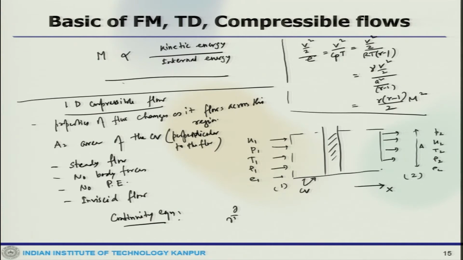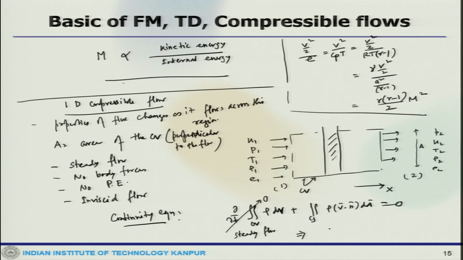If I write the complete continuity equation which we have derived, that is how it looks, which is 0. Now, there is the assumption of steady flow, so this goes to 0 because of steady flow.